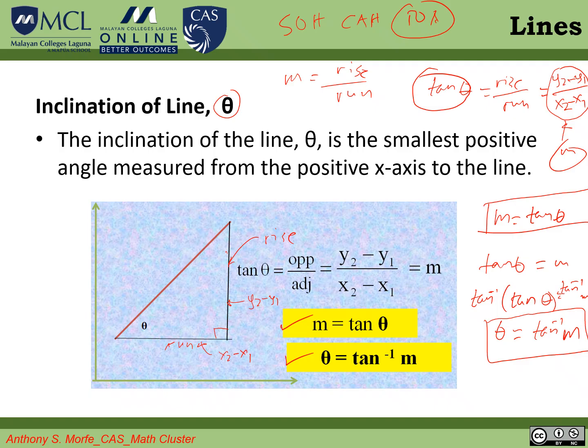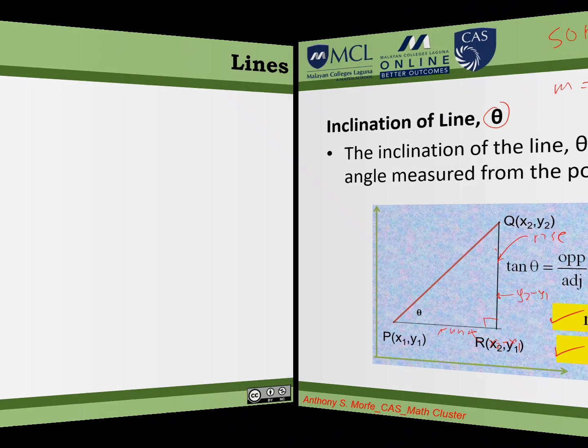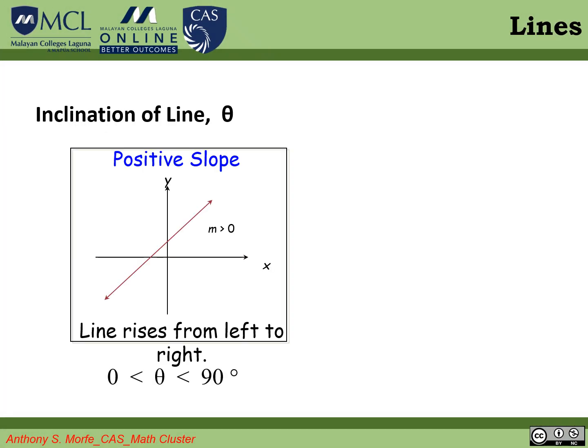Going back to the four categories, we can also give more details. If the line is in this orientation, the angle is formed or made from the x-axis towards that line.